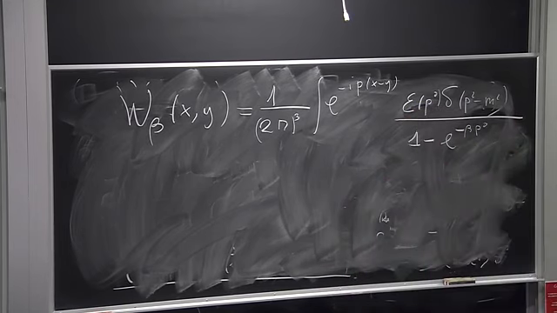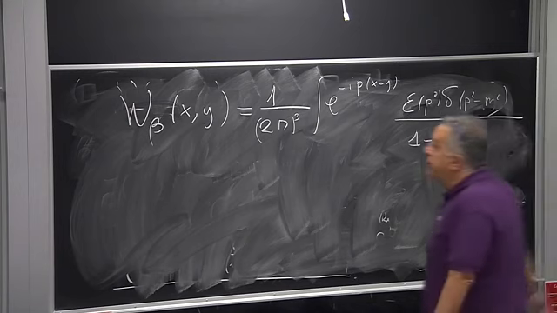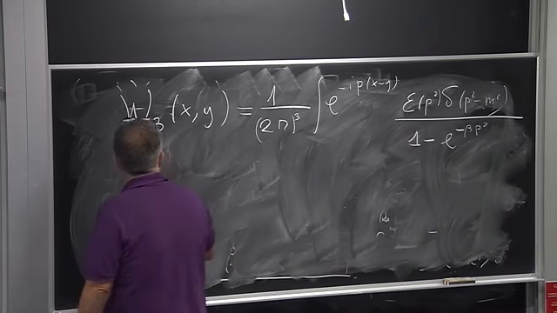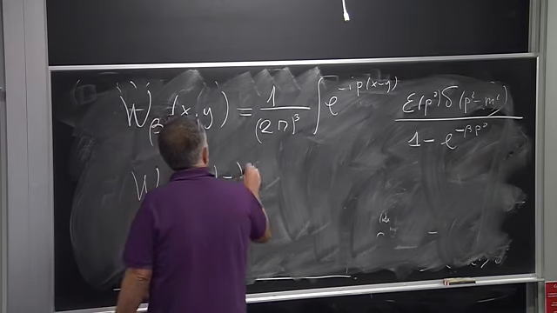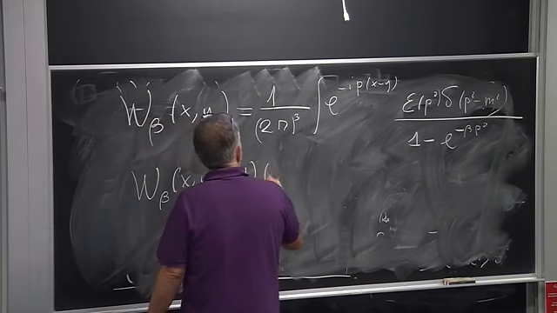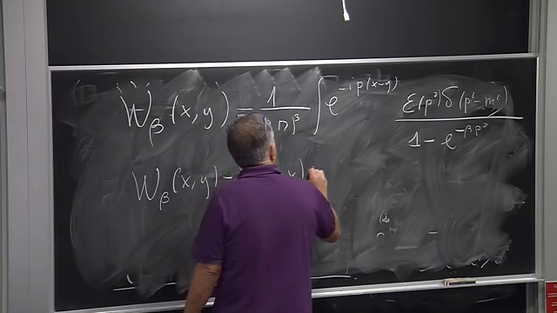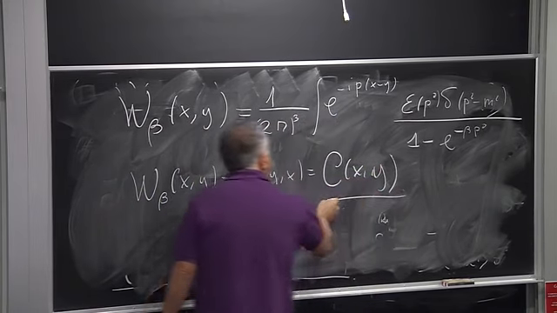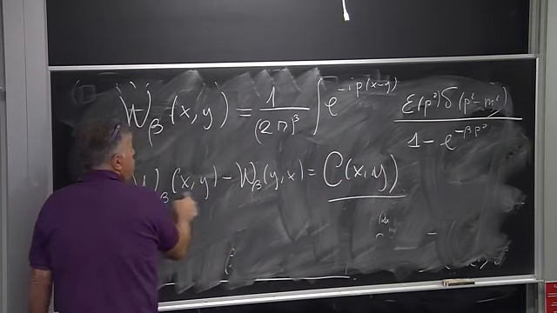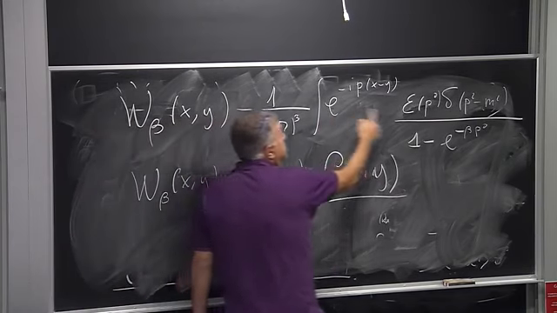This is the two-point function. Okay? And because of that property, this two-point function is local. It satisfies the canonical commutation relation, the same commutator. This is a solution of the Klein-Gordon equation. This is obvious.